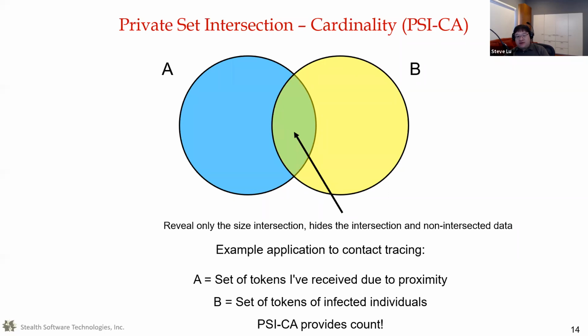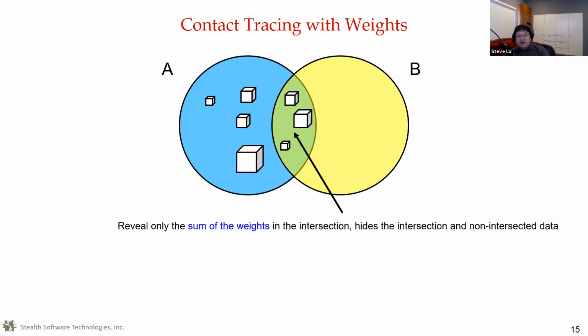But what if we wanted a richer analysis? What if we want contact tracing with weights? As the phone sees tokens being broadcast from other phones, and by the way, I'm taking the Google Apple general model for granted, where phones broadcast these tokens to other phones, viewing things in that model.